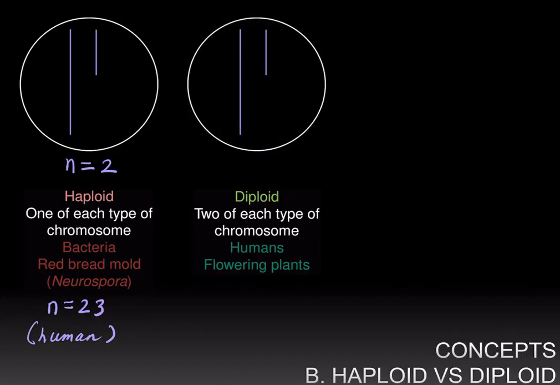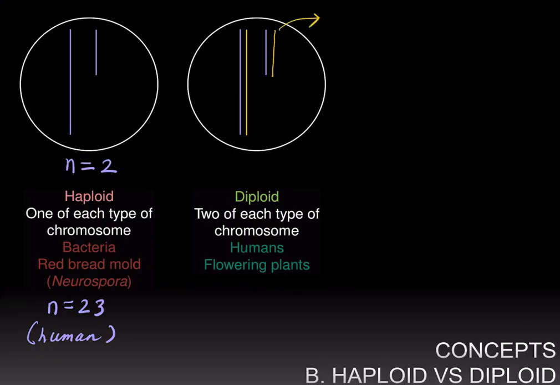And I'm going to show the other homologue of each type of chromosome in yellow. They are called homologues because the two chromosomes of each type are similar to each other but not identical.